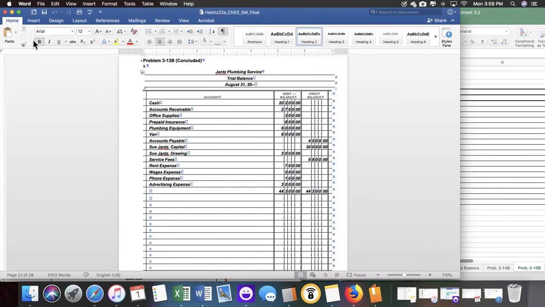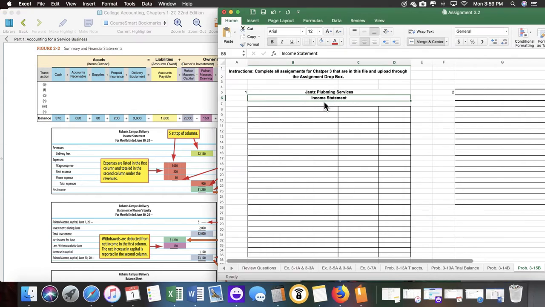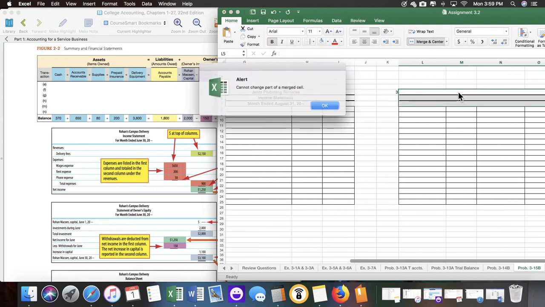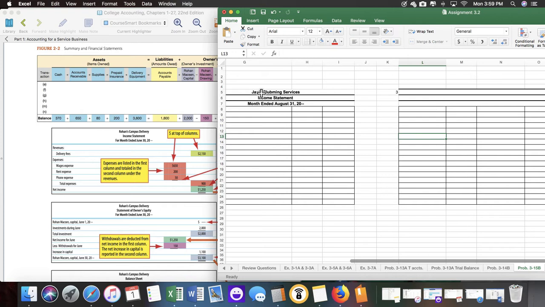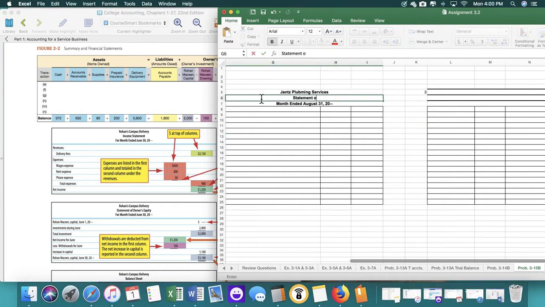Yep, so August 31st. Basically what we can do now to make things easier on us later is just copy the information. This would be the statement of owner's equity. And the last one is the balance sheet.